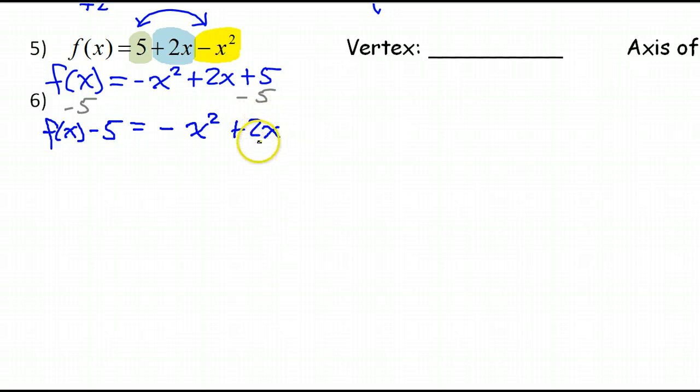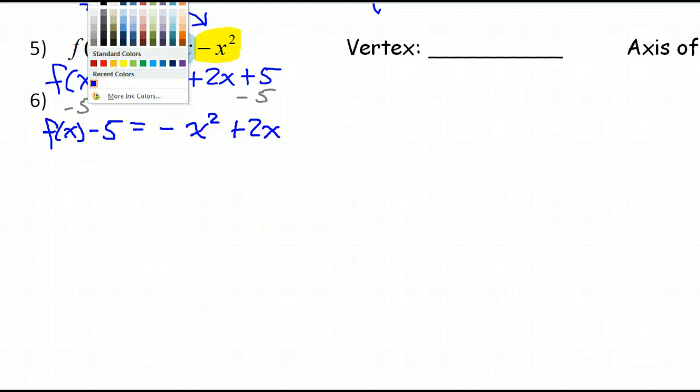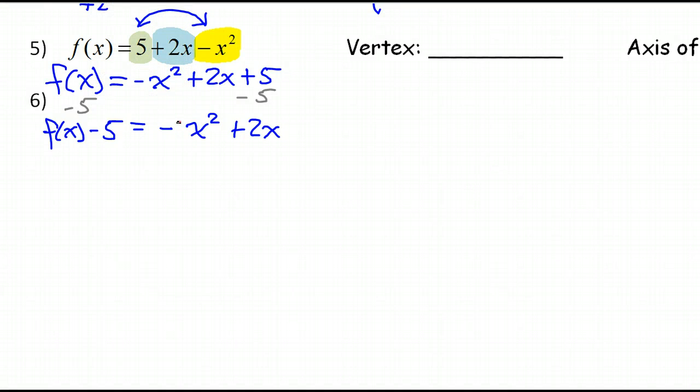It is not time to do half of the middle squared just yet. It's because of this negative sign sitting out here. I'm going to treat this just like you would a negative 1. It's a negative 1. We just don't write the 1, it's understood. But we need to factor out that leading coefficient before we do anything else.